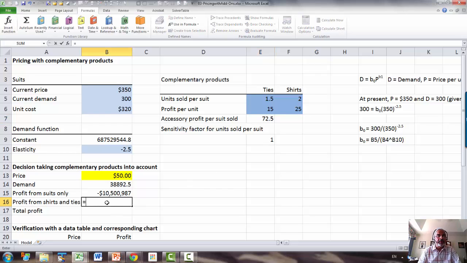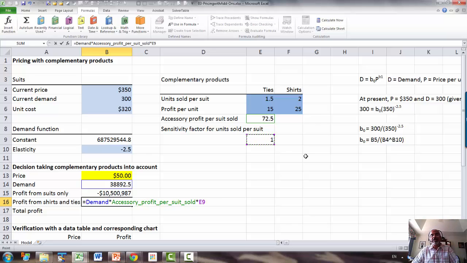So profit from complementary product would be, okay, we start from demand of suits. For each unit of demand of suit, that's the amount of profit that we'll generate from accessories. Now we're going to multiply this with this sensitivity factor.